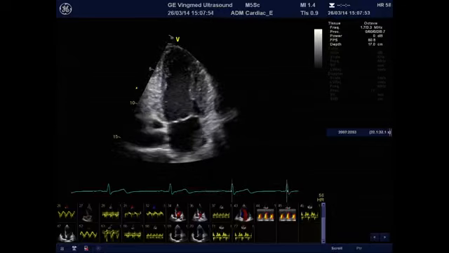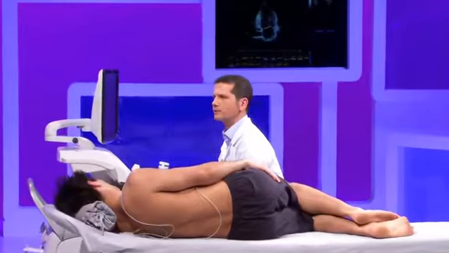Now, I told you that the E wave at the level of the mitral flow relates with relaxation, in the sense that impaired relaxation leads to a reduction in the velocity of the E wave. On the other hand, I also told you that whenever the pressure in the left atrium increases, this will lead to an increase in the E wave velocity.